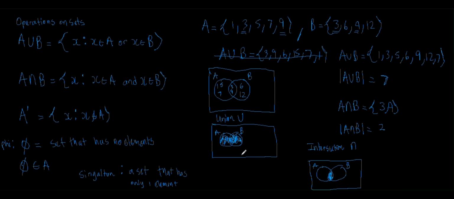Now the complement of A. Given two sets A and B, this is B, this is A, the complement is everything but A. So it would be these bits here and these bits outside, whatever is outside.